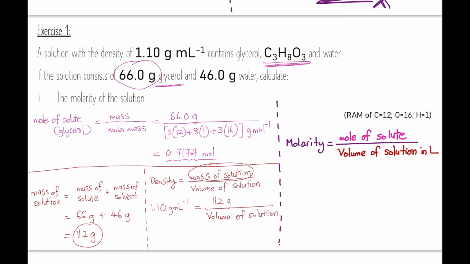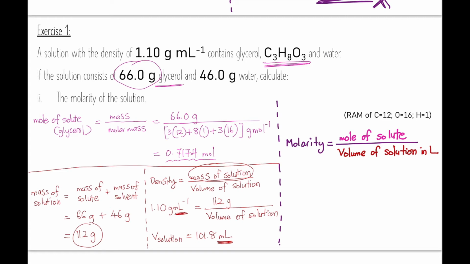Now we can calculate the volume of solution, which is 101.8 milliliter. The unit is milliliter because the unit of density here is gram per milliliter.